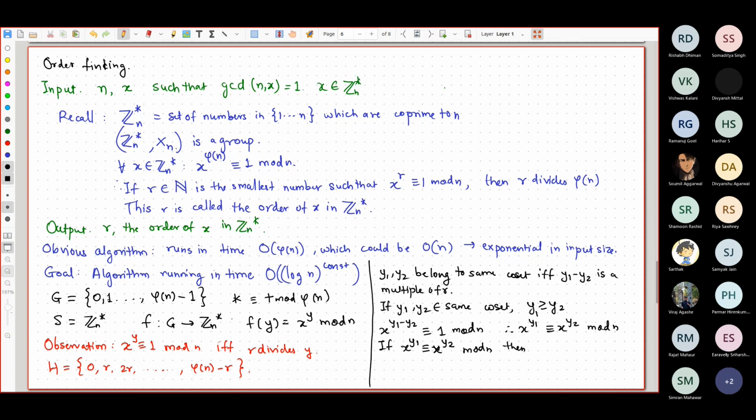So if you multiply by x inverse to the power y2, you get x to the power y1 minus y2 congruent to 1 mod n. Then with the observation, r divides y1 minus y2. So therefore, y1 and y2 belong to the same coset.